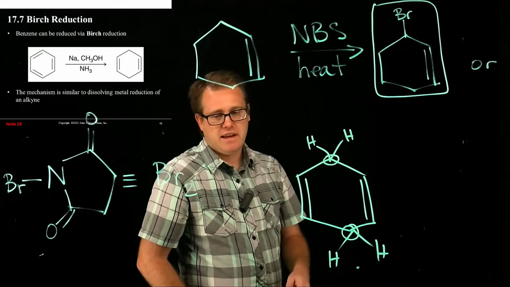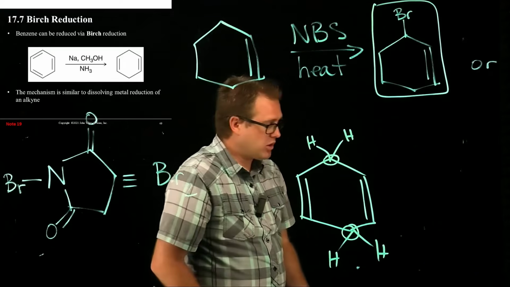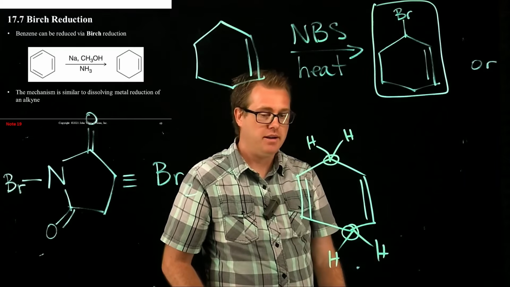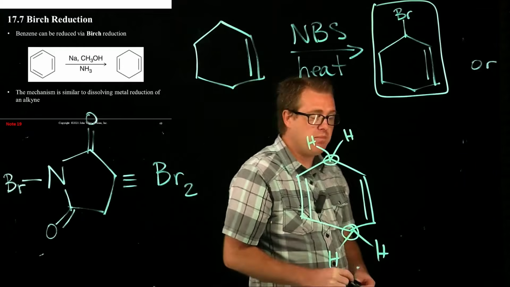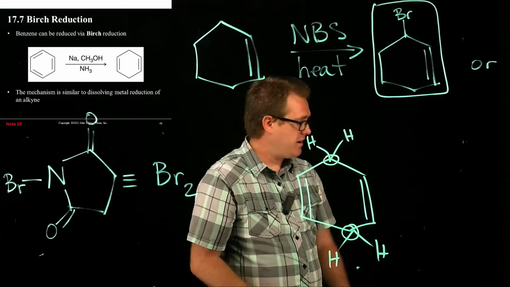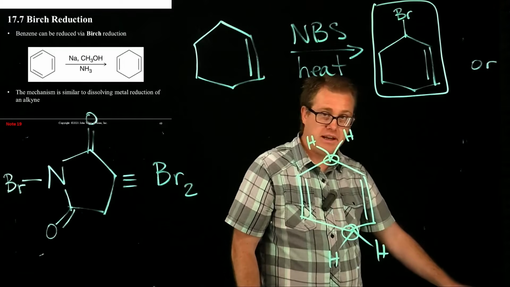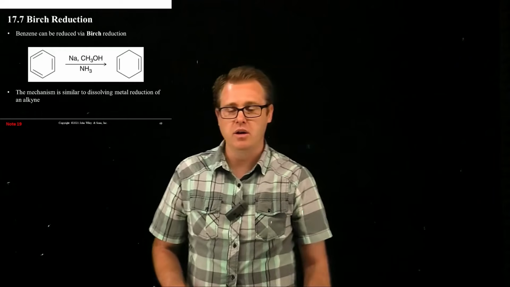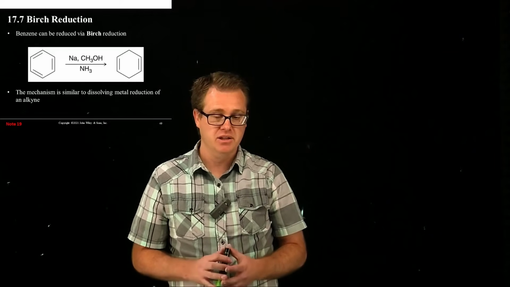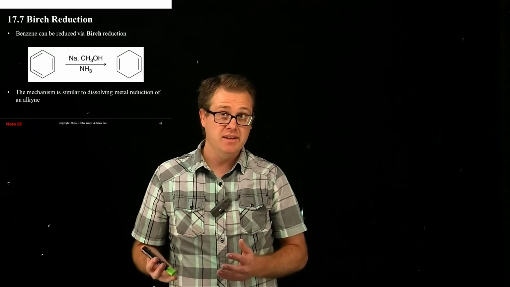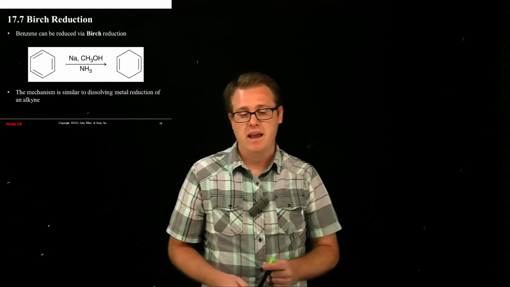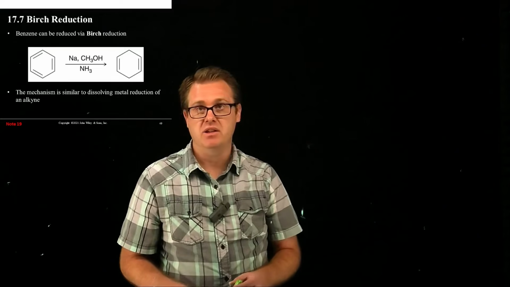So in order to understand the Birch reduction, we're going to need to go through the mechanism to understand what's going on here. So I'm going to pause the video and clean up this board. Now another thing to note in the reaction conditions here, the sodium is a solid metal, the methanol is going to be a liquid, and then we have ammonia, which is NH3.